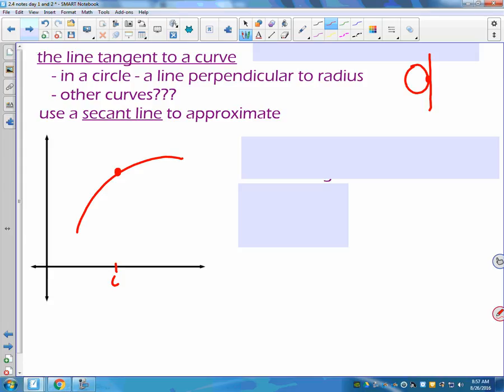And just like we talked about at the very beginning of this chapter with instantaneous speed, we can't find the speed at a specific point, but what we can do is pick 2 points really close to it, and the closer we move those points together, the closer it gets to being that exact point. We're going to use that idea when we find the slope of a curve.